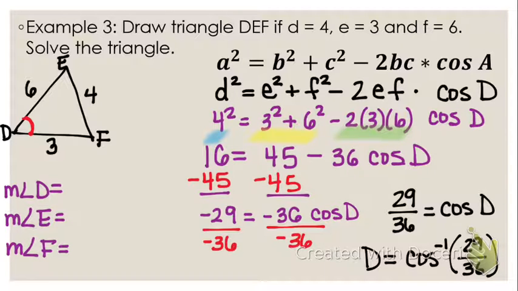You should get 36.336. So we have to do the law of cosines again to find E, and I just do them in alphabetical order. I'll pause for a second because I have to erase all of that, of course, because I don't have space.